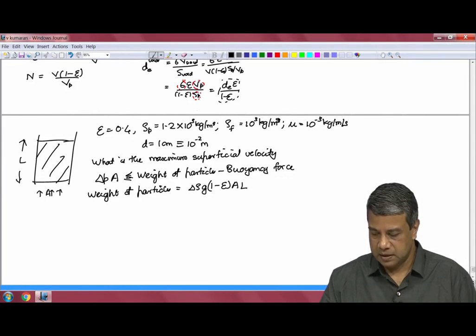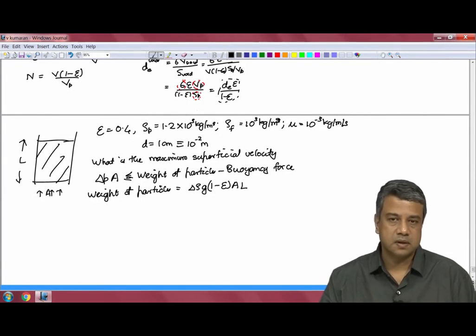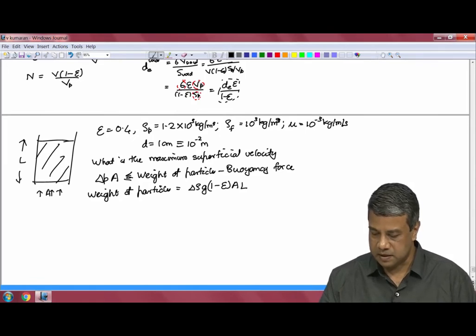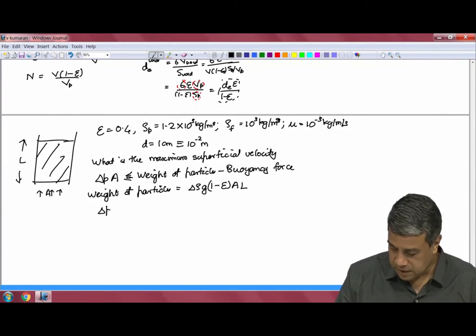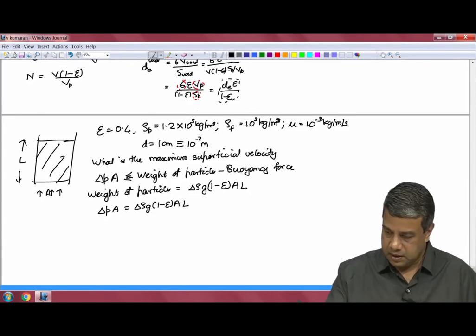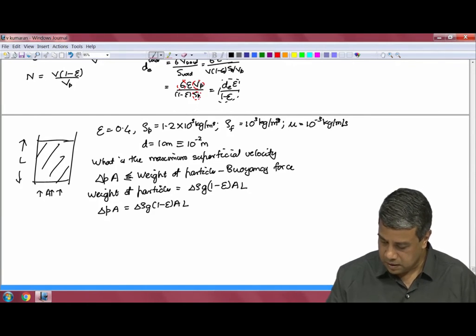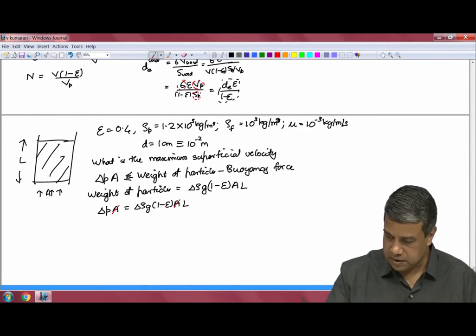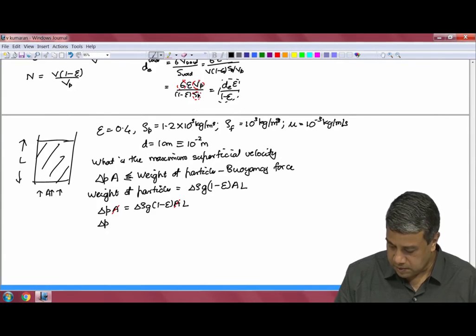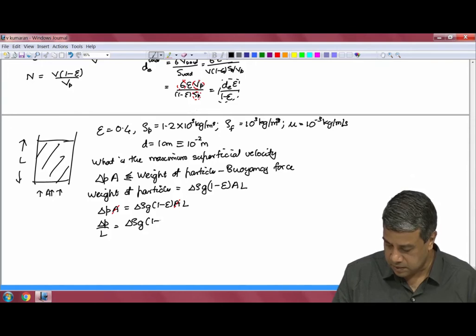So, at the condition at which the pressure difference times the cross sectional area is equal to the difference between the weight of particles and buoyancy force, you have delta P times A is equal to delta rho g into 1 minus epsilon into A into L. And the cross sectional area will cancel out on both sides, and I will get delta P by L is equal to delta rho g into 1 minus epsilon.